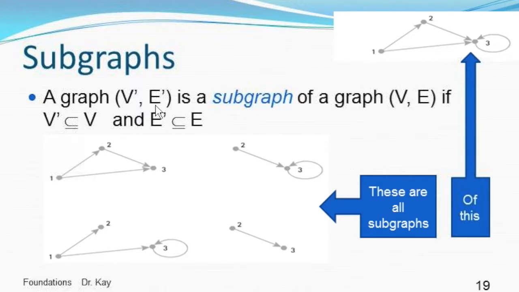So a graph V prime E prime is a subgraph of another graph VE if all of the vertices in V prime are a subset of the vertices in V, and the set of edges E prime is a subset of the set of edges E. So here is a sample graph, and here's 4 graphs that are subgraphs of that first graph.